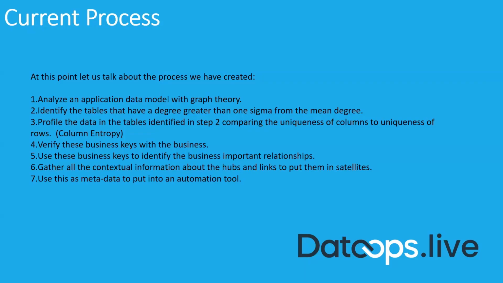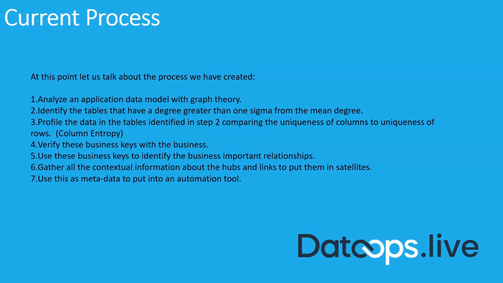So you can analyze an application data model with graph theory, identify the tables that have a certain level of degree, and profile the data that you've identified from step 2. So in other words, you're not profiling every table in the database. You don't necessarily have to. You might want to, but you don't necessarily have to.